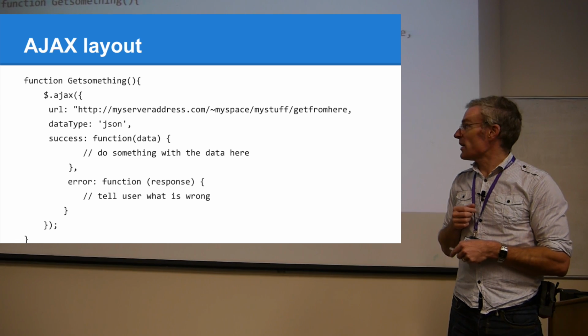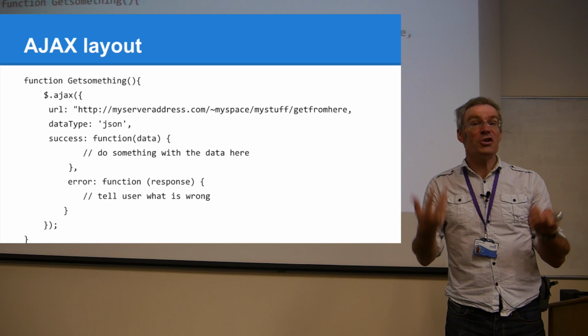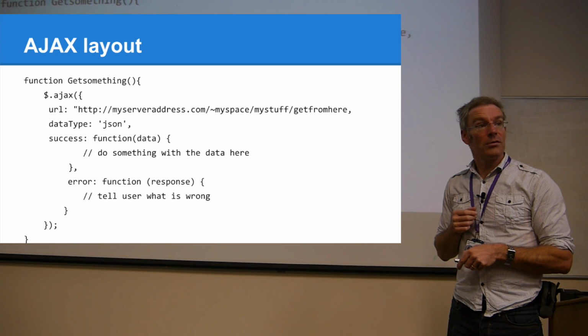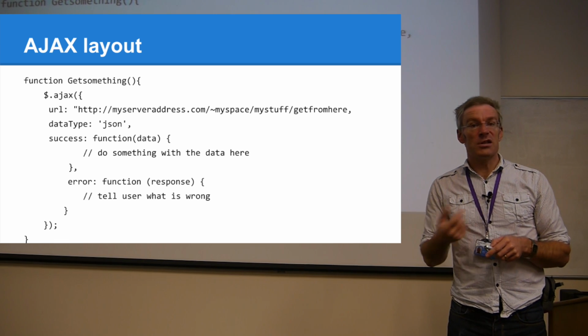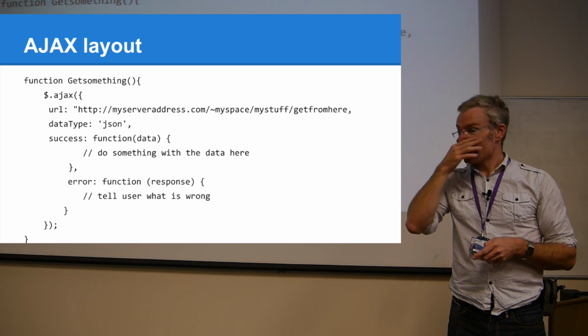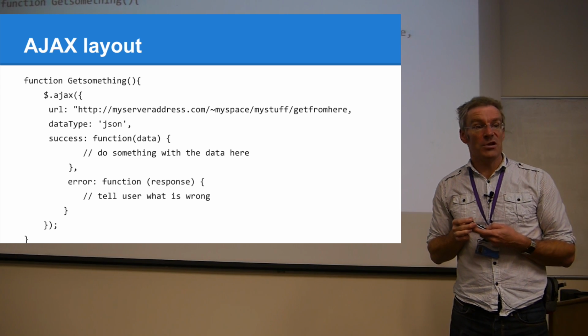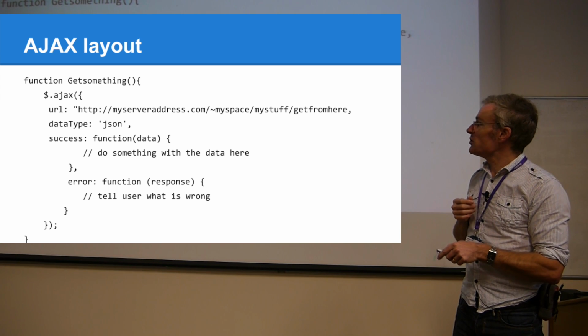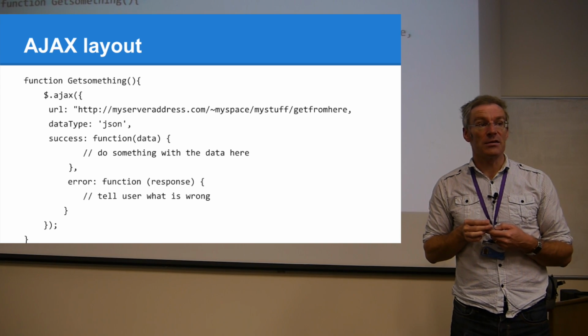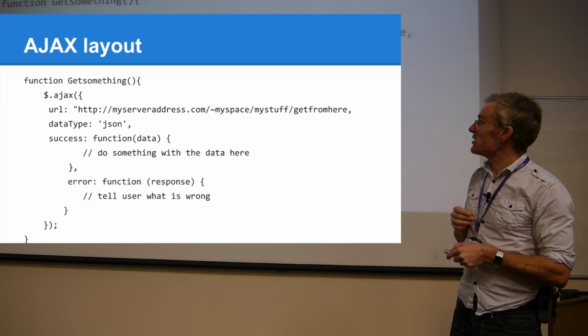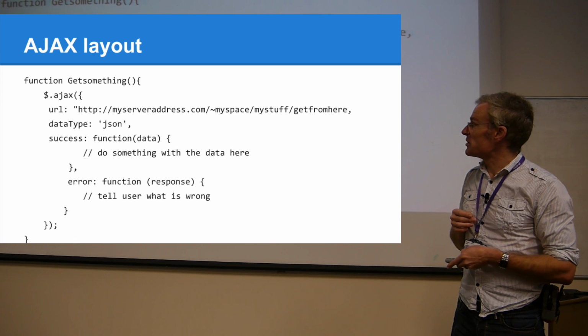If everything's successful, that gets run and you can populate your page. If it goes wrong, that one gets run and you can display an error message on the screen. So it looks like a lot of code, but there's quite a lot going on there. So one dictionary which contains 1, 2, 3, 4 key value pairs. Two are strings and 2 are functions.